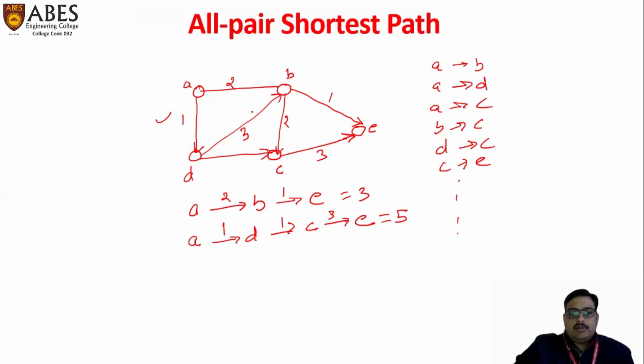Another path is from A to D and D to B and B to E. We can take A to D and then D to B, then from B we can directly go to E. So A to D is 1 and D to B is 3, and then from B to E it is 1.